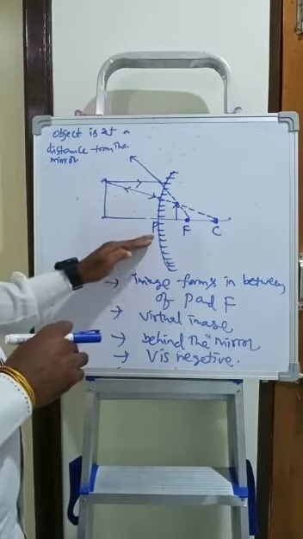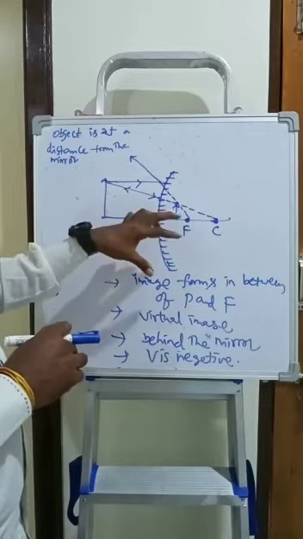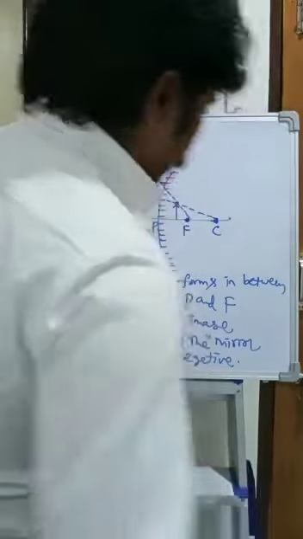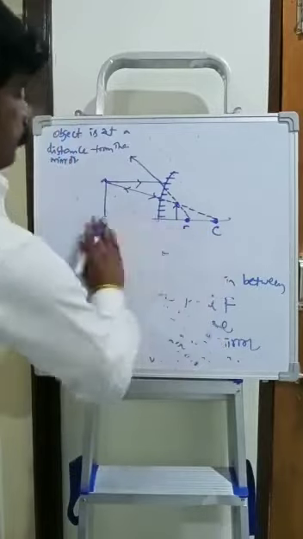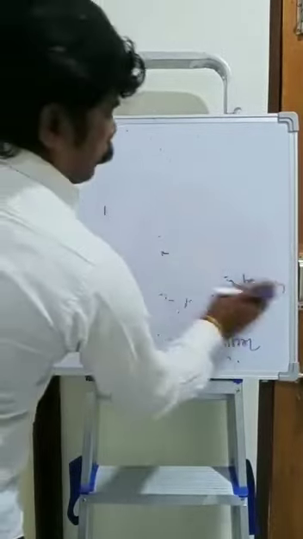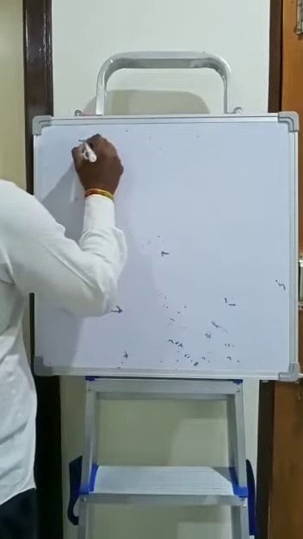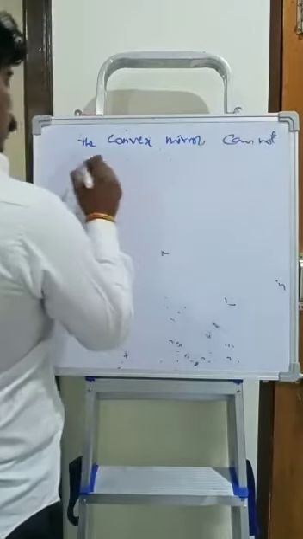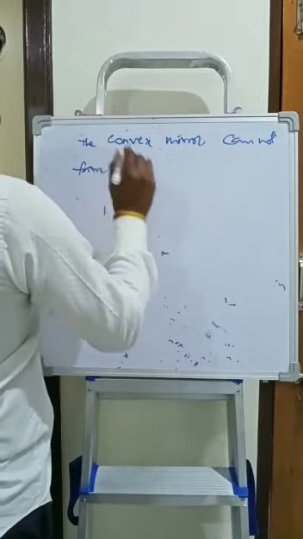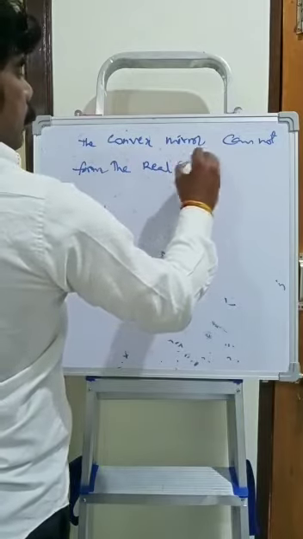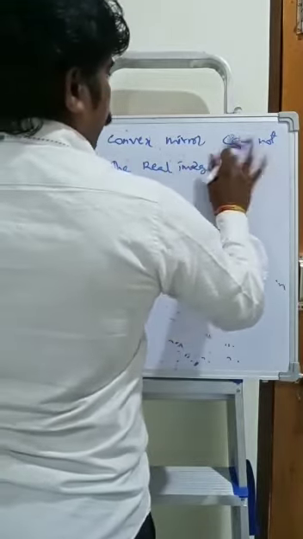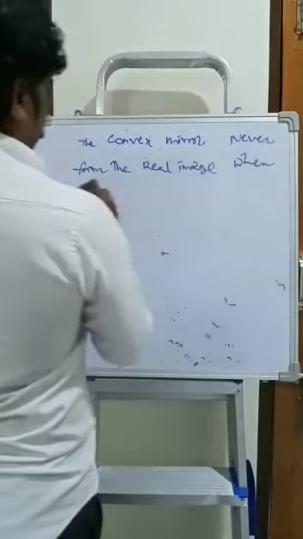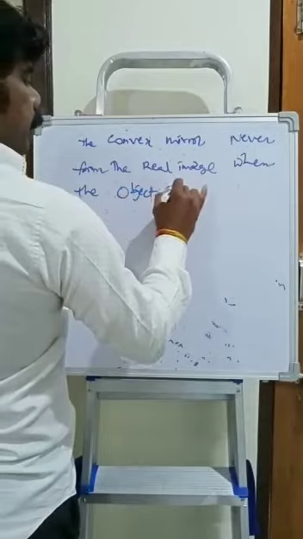So we can say that the convex mirror cannot form a real image when the object is real. The convex mirror never forms a real image when the object is real.